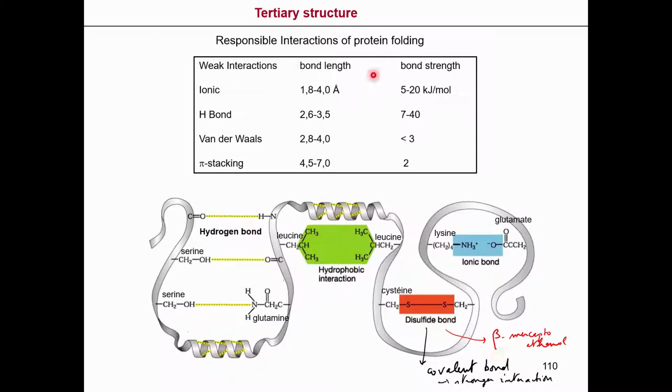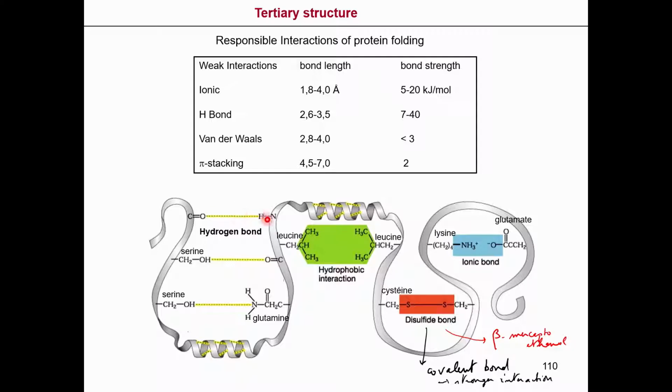After that, the ionic bonds, for example, between lysine, the positively charged side chain of lysine, and the negatively charged side chain of glutamate, for example. After that, you have the hydrogen bond.